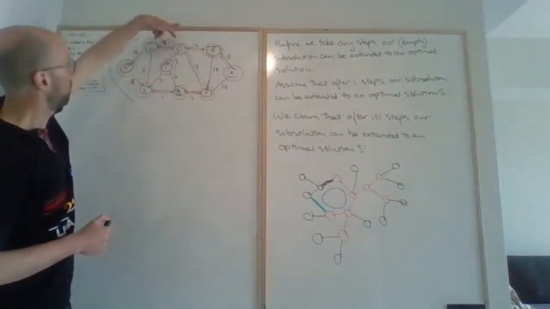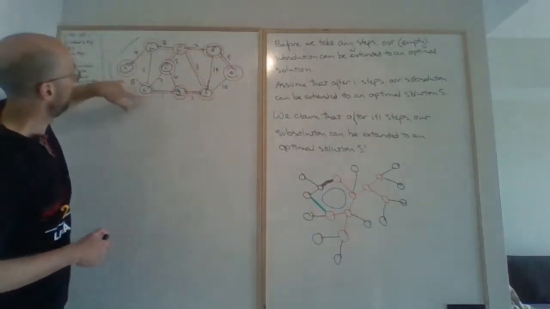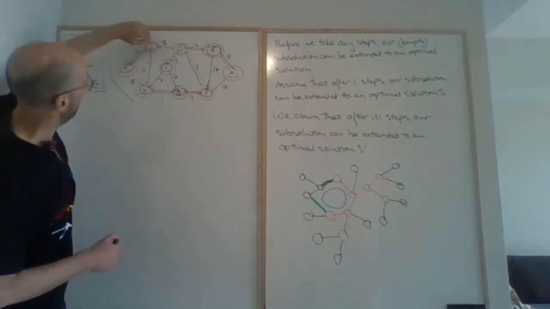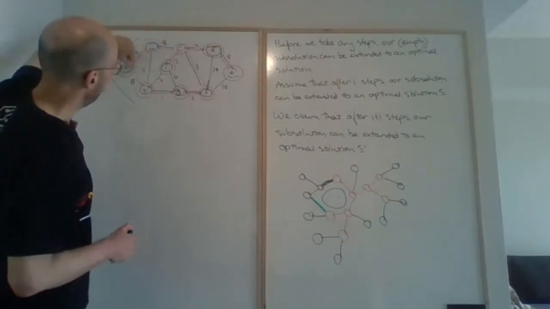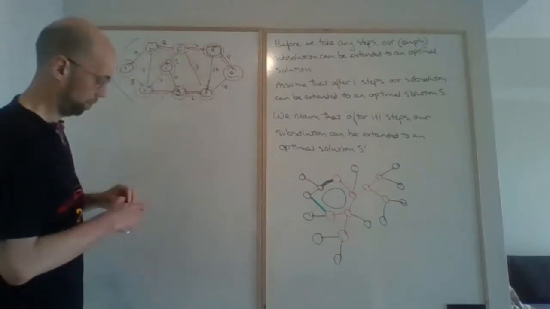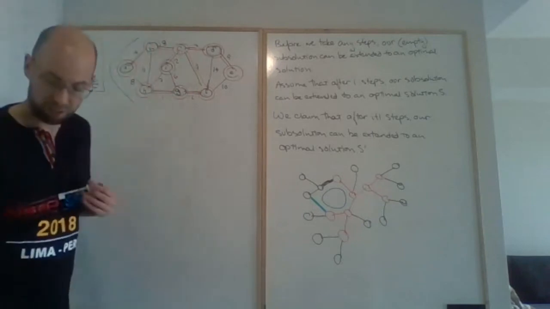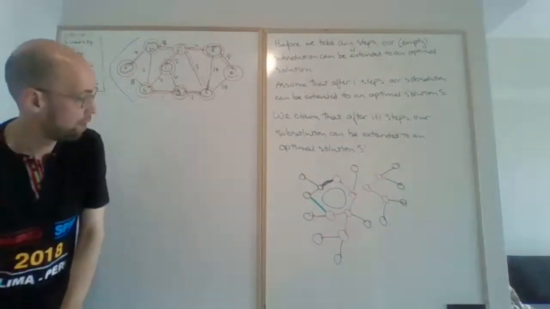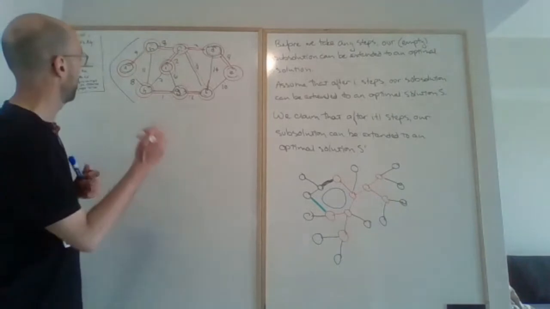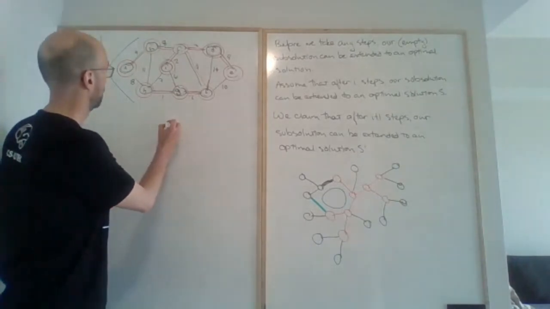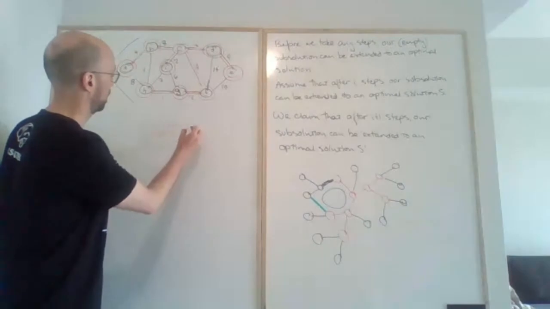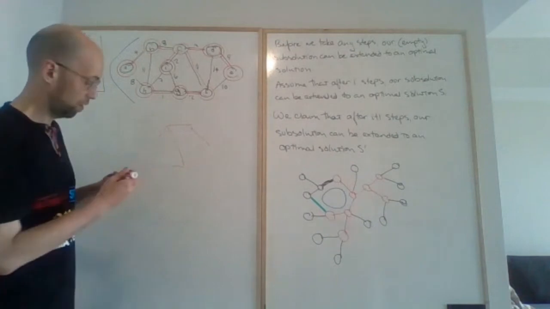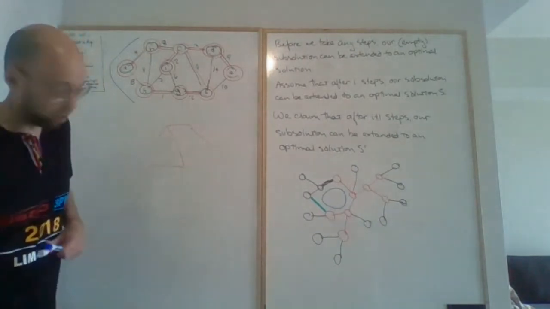So in this case, if S included this edge, which we haven't taken before, then if we add this to S, it creates this cycle. Okay, this is a bit fuzzy, but in that case, our green edge is here.